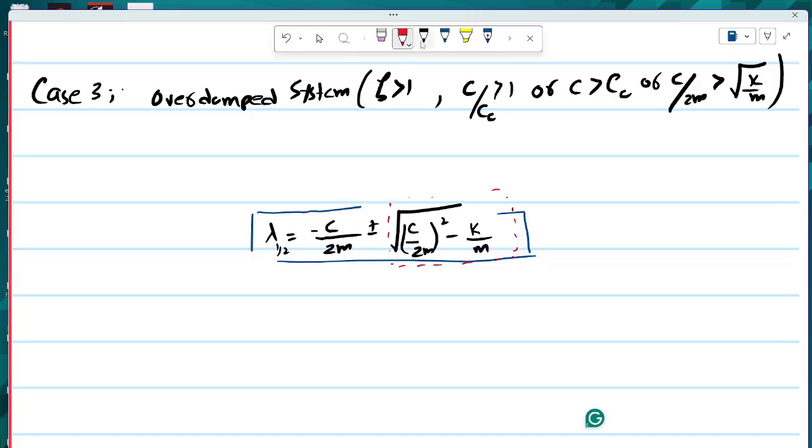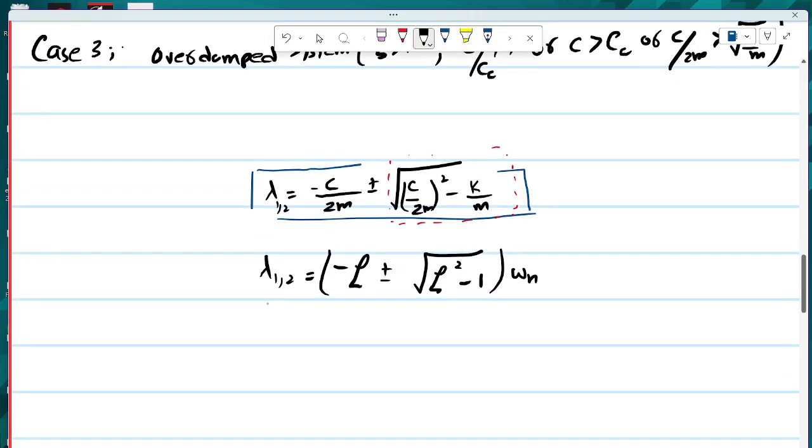You can even write it as lambda 1, 2 equals minus damping ratio plus or minus under root damping ratio squared minus 1, and this whole times omega n. And now you can write this in the general solution style.